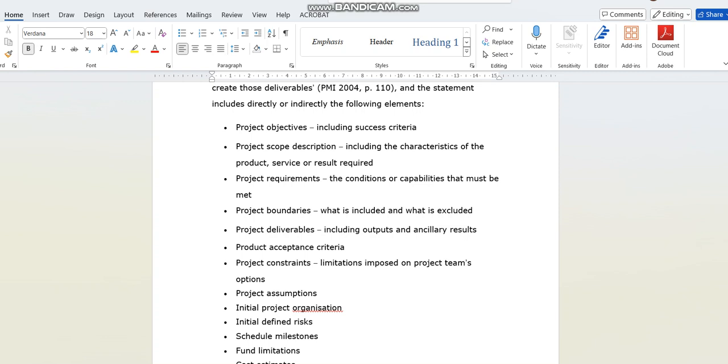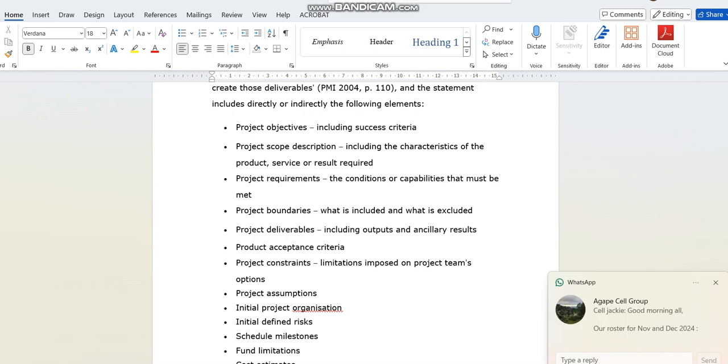That also includes some form of conceptual costing, preliminary costing. We can also include some idea of the project duration, some milestones, and then funding and all that. This is a list of elements; not all of them need to be in there, but this is a suggestion of what needs to be considered in scope planning.